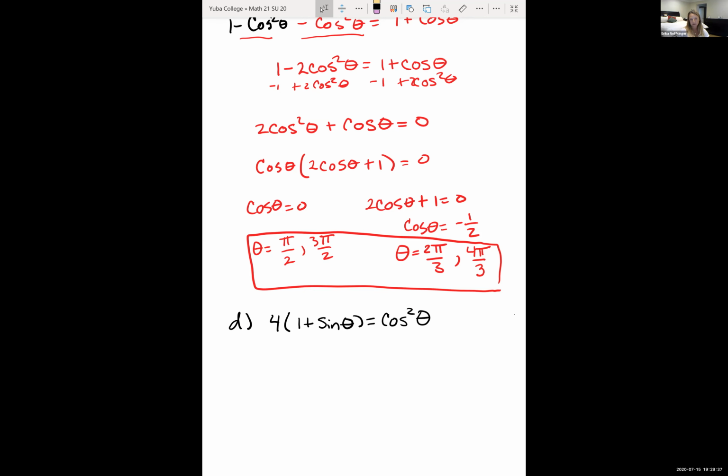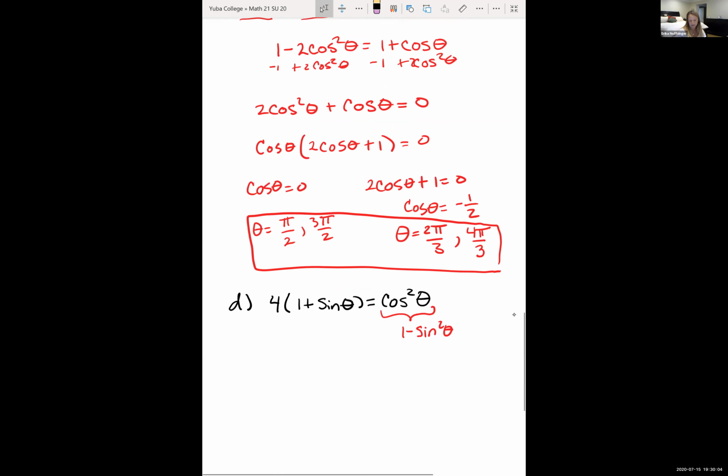So I want to get this all in terms of sine or cosine. Since we have cosine squared, we can rewrite that in terms of sine squared. Cosine squared is 1 minus sine squared theta.